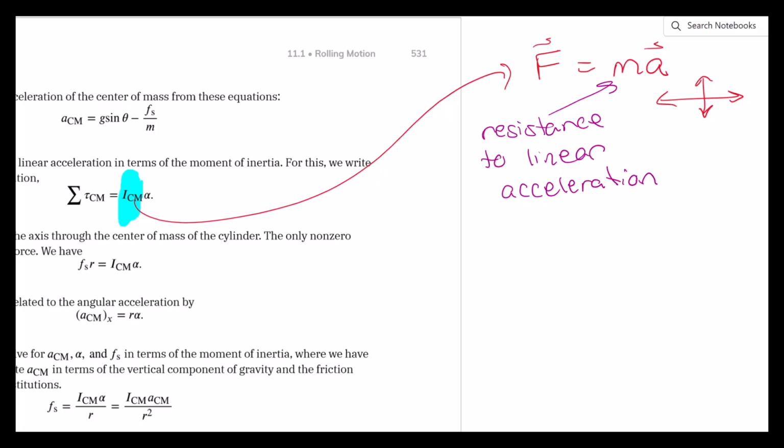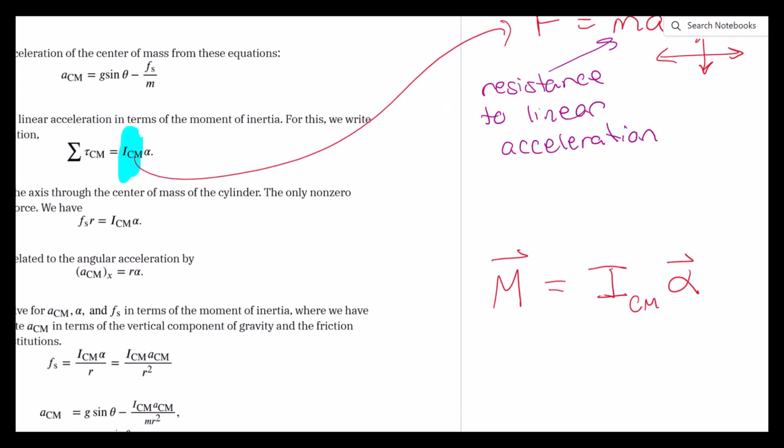Now there's this other thing, I center mass alpha. Okay, and this is the roundy version of it. So this is a torque, like how hard is it to torque something? How difficult is it to get things to turn?